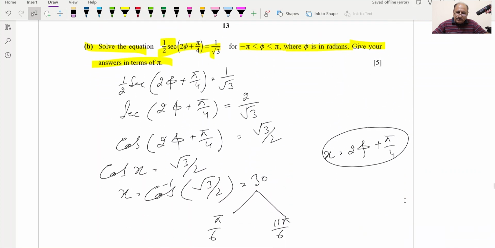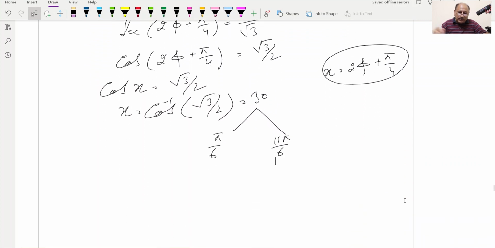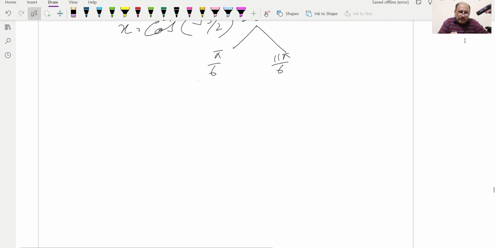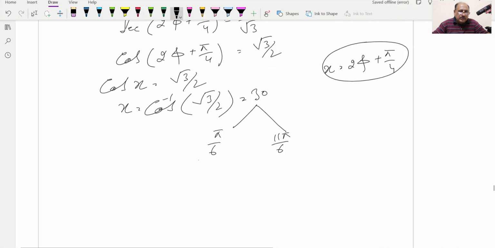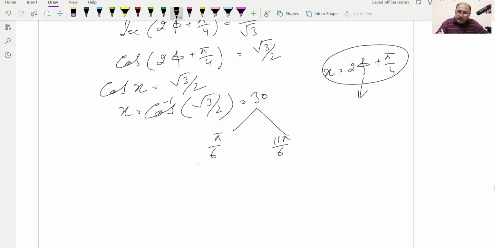Within this range we will be checking. So we can check for these values. So what I will do, I will write here 2 phi plus pi by 4 is equal to, for example, this is 13.